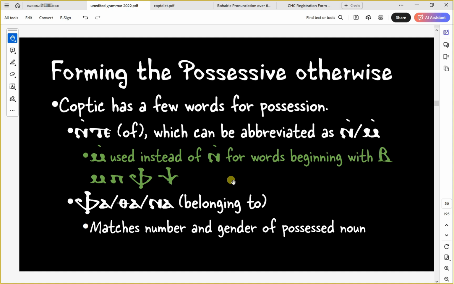Ente can be abbreviated as either n or m, and the difference between n and m, you switch from n to m if it's a sound you make with your lips, if that makes sense. Probably doesn't make sense. So these are the letters you switch it for. So if it's a vita or a vida, right? That's with your lips. Me, that's with your lips. B, that's with your lips.